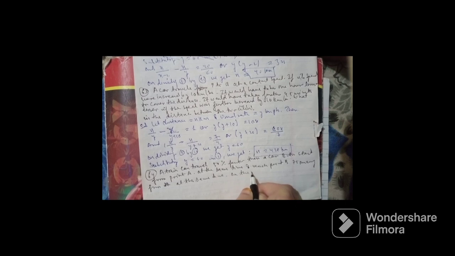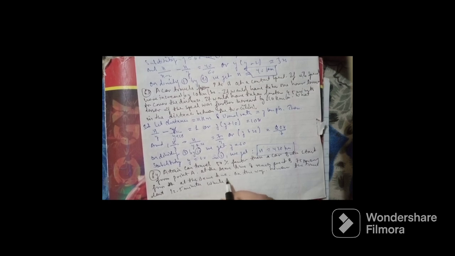On the way, however, the train lost 12.5 minutes while stopping at the station.